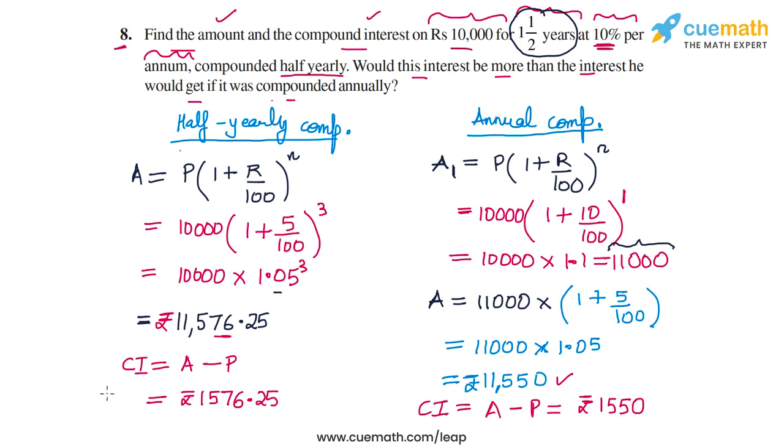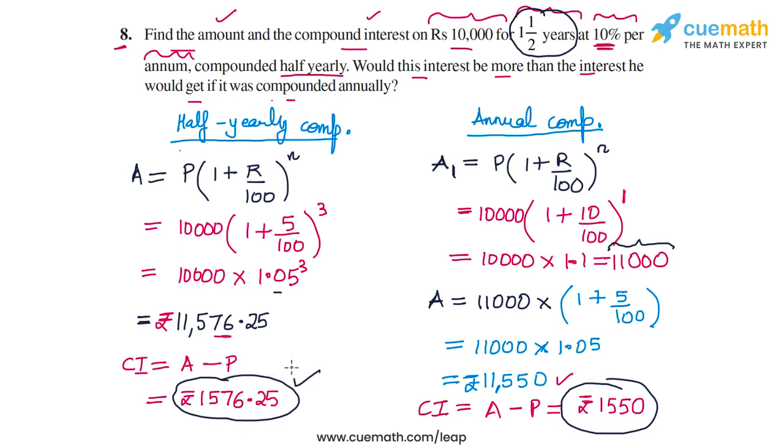And now if you compare the two interest amounts, in the first case when compounding was happening half yearly, the total interest was rupees 1,576 and 25 paise, and in the second scenario where compounding is happening annually, the total interest is rupees 1,550. So clearly the interest is more in the scenario when compounding is happening half yearly.